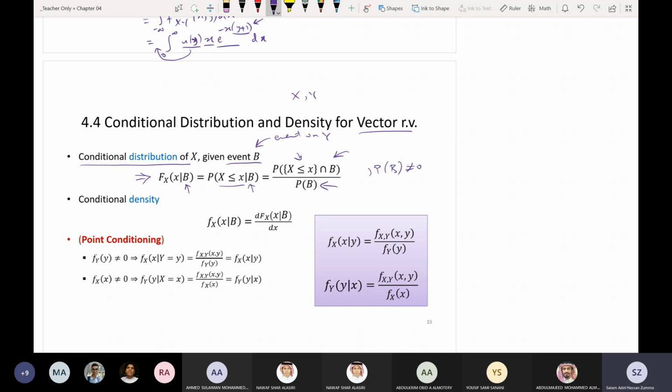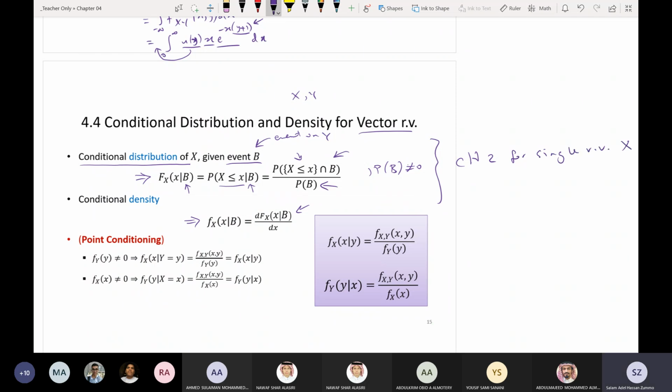If it is impossible, you cannot condition on it. You cannot say given B when B cannot happen. From here, we defined the conditional density function, f_X(x | B), which is the derivative of what we have found. This is already done in chapter 2 for a single random variable X.